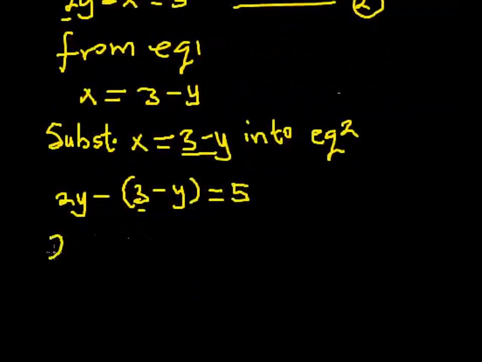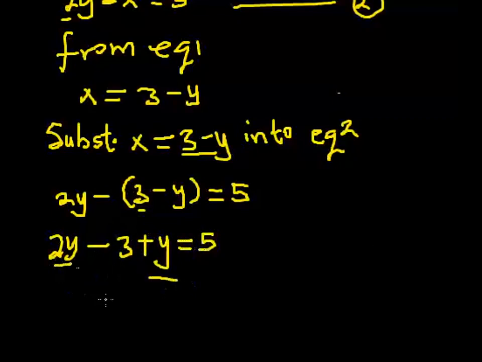So we're going to do this. Minus into 3, minus into minus y gives me plus y, equal to 5. If I add this, that gives me 3y, right? And of course this goes over, that's going to be 5 plus 3.